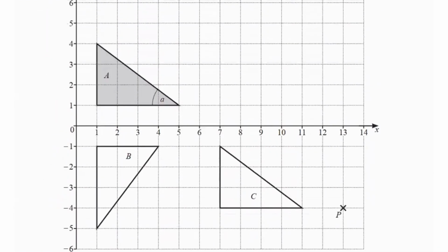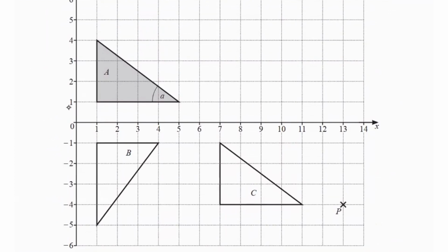So y equals 0 is basically your x-axis. Reflection is a mirror image, as you know, so it's going to be equidistant from the mirror line. So we have 4 points over here, 1, 2, 3, 4. This is going to be your reflection of point P in the x-axis, or the y equals 0 line.